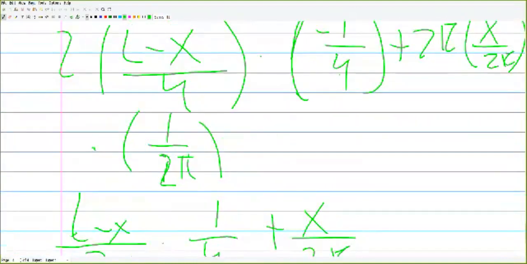And that's the same thing. We had L minus x.